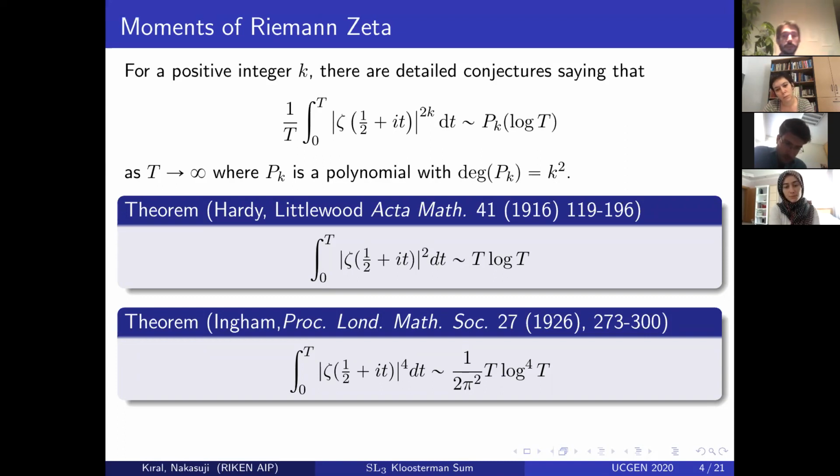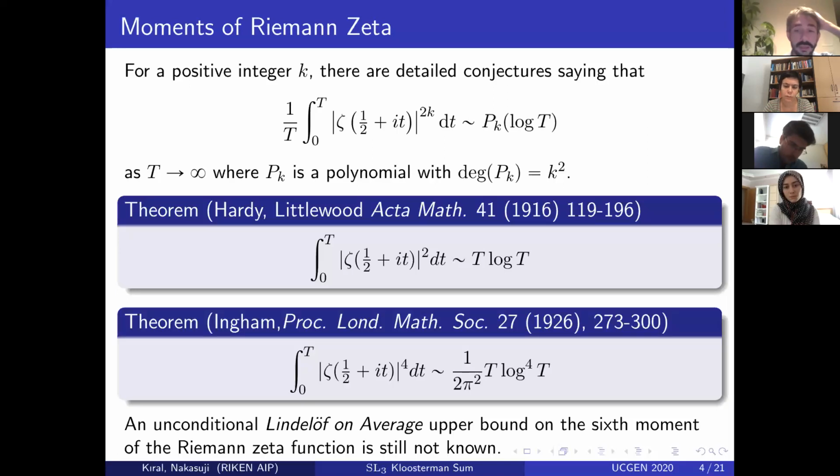And beyond this, the next one would be the sixth moment. Well, maybe the fifth, you might think, but it behaves much better when they're even, so we consider them two by two. So the next one would be the sixth moment, but nothing like an asymptotic is known.